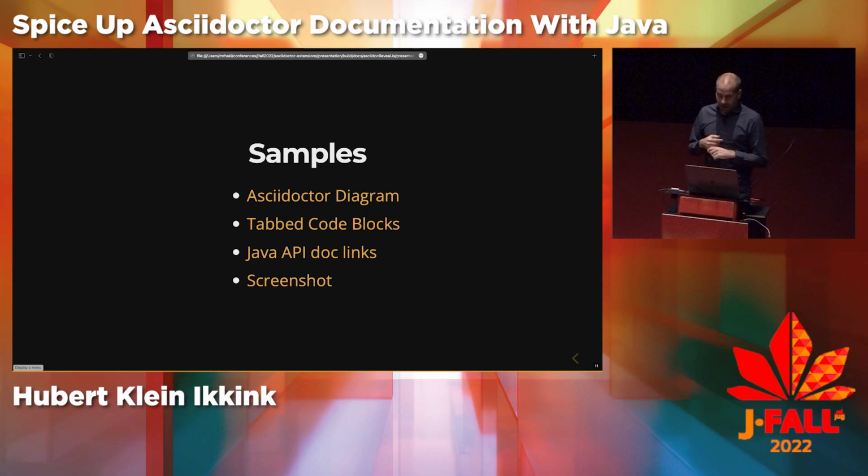And finally, I mentioned here, but there are more, is a screenshot extension, which allows you to have URLs that will be automatically screenshotted and put in your documentation. So if you want to have more high-level user documentation, for example, you can even have it scripted. So it just does certain stuff and then makes a screenshot and puts it in the documentation. It's also very powerful.